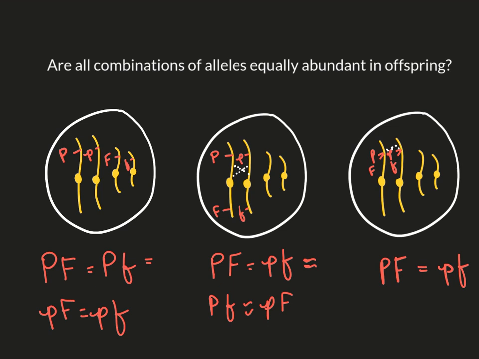Most likely, recombination will happen between these homologous chromosomes somewhere else, somewhere outside of the distance between those two loci, because most of the chromosome is outside of the distance between those two loci. It's just a probability situation. So you may observe the big P, little f, little p, big F, but they are going to be extremely, extremely rare.